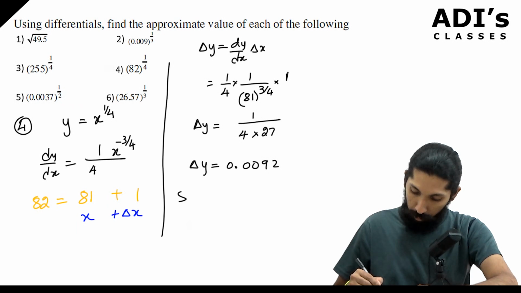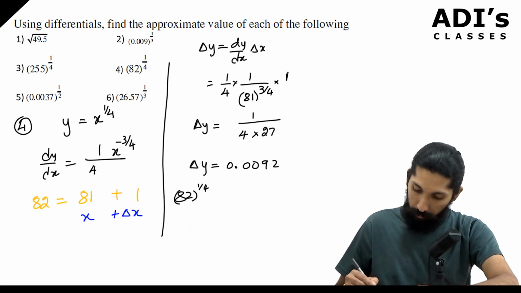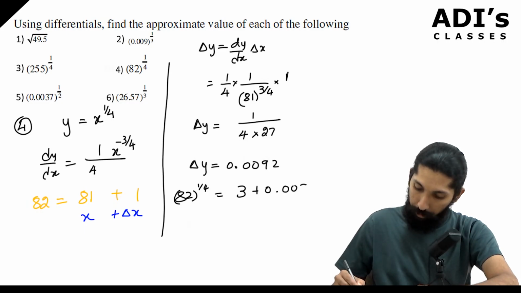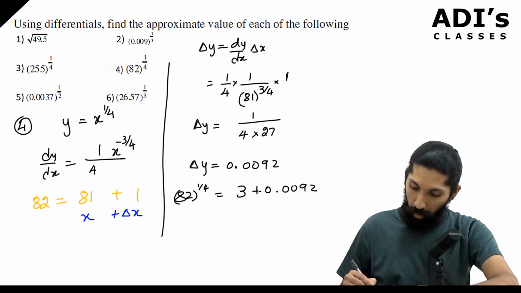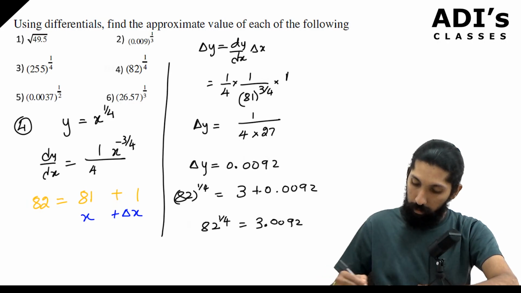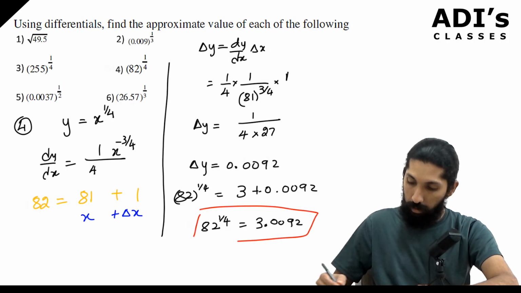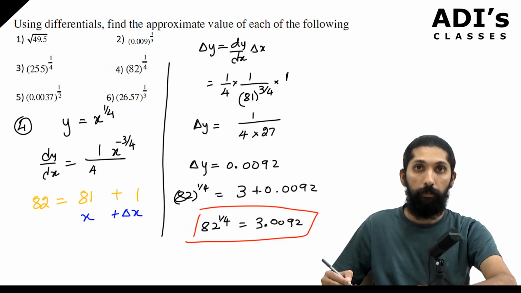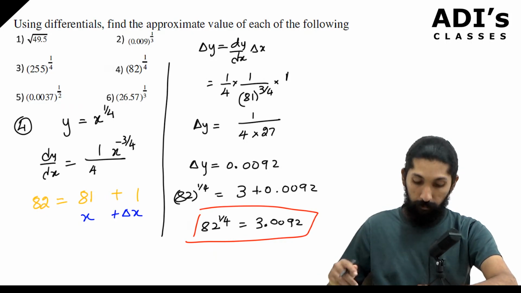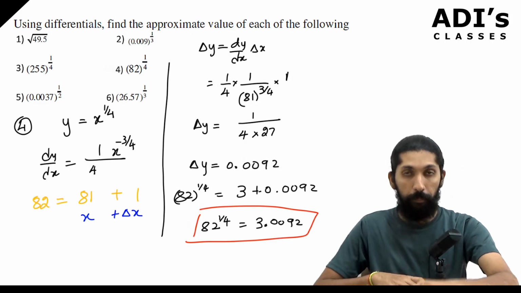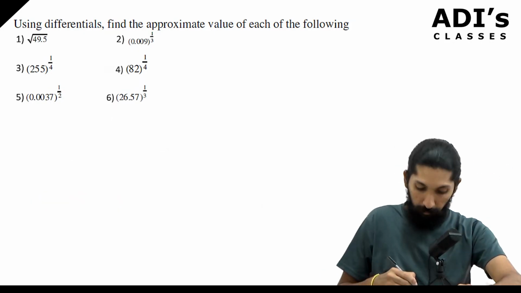So 82 power 1 by 4 becomes 3 plus 0.0092, which is 3.0092. Clear? So this is the answer for the fourth question. Let's do the fifth one now. See the fifth one.